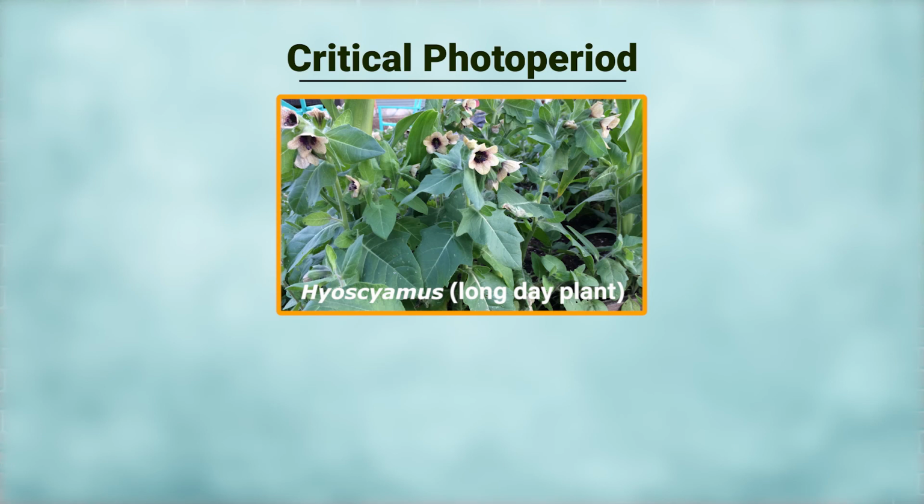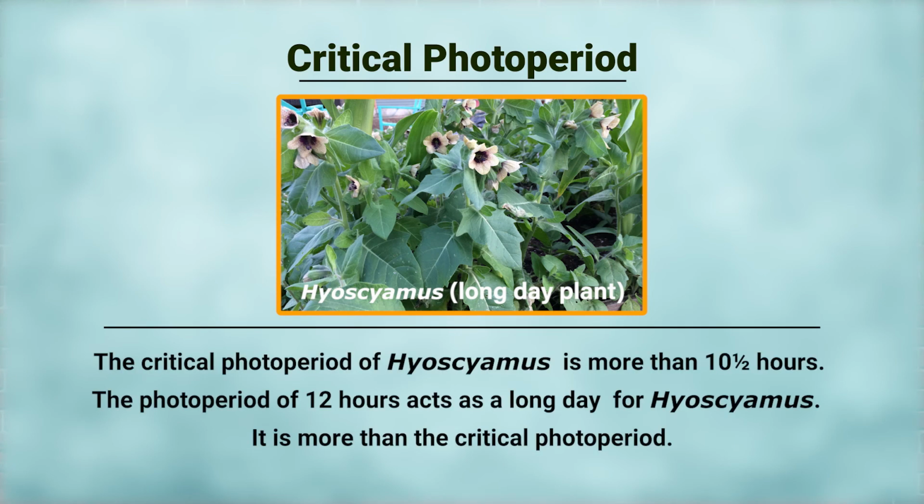But Hyoscyamus is a long day plant and the critical photoperiod of Hyoscyamus is more than 10.5 hours. The photoperiod of 12 hours acts as a long day for Hyoscyamus. It is more than the critical photoperiod. Therefore, it is clear that the same photoperiod can be short day for one species but long day for another.